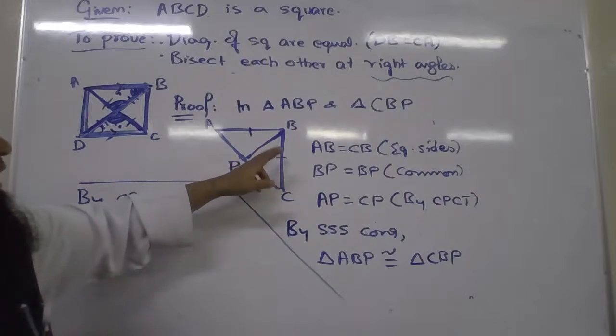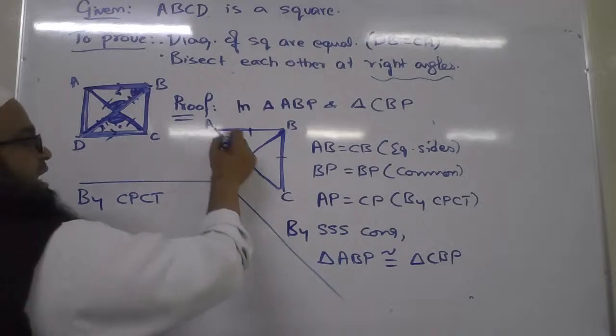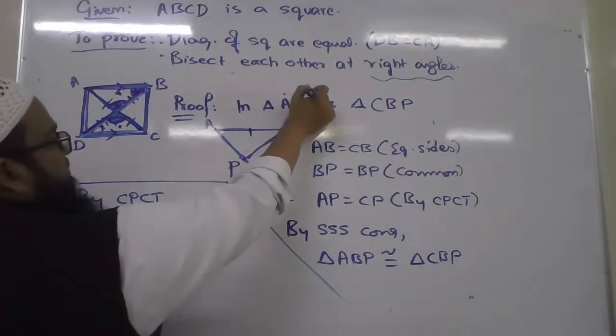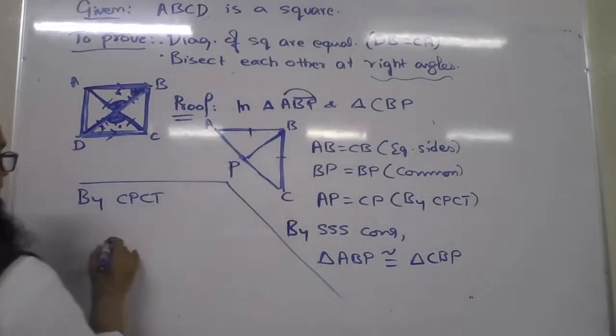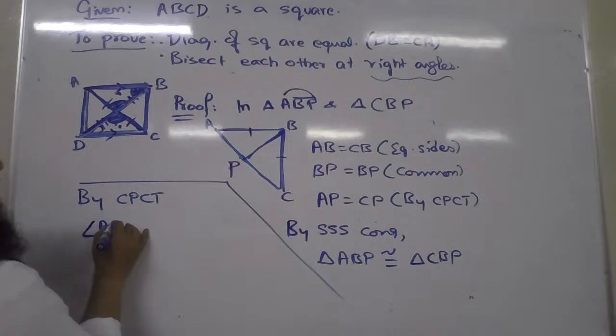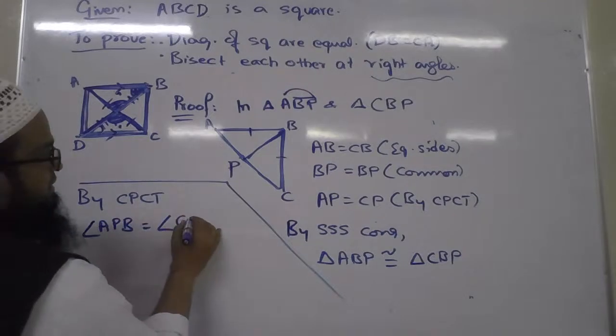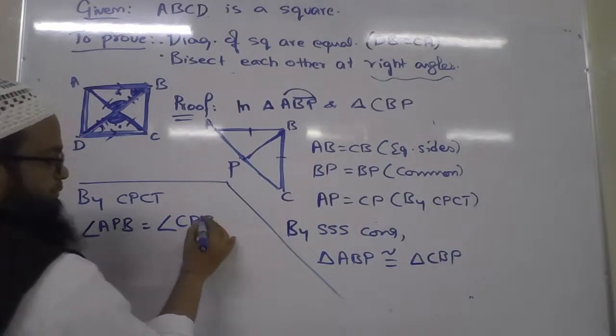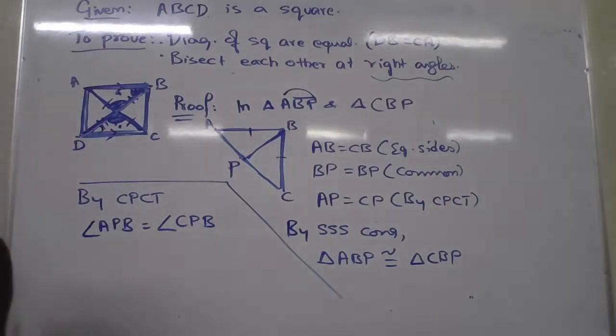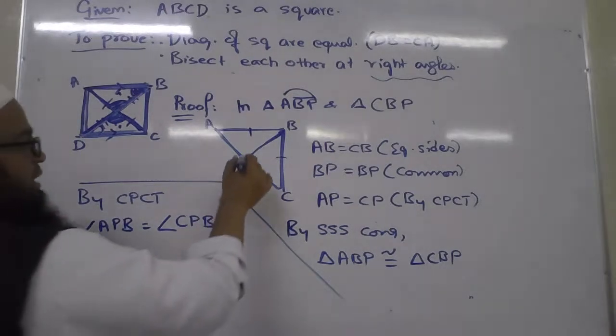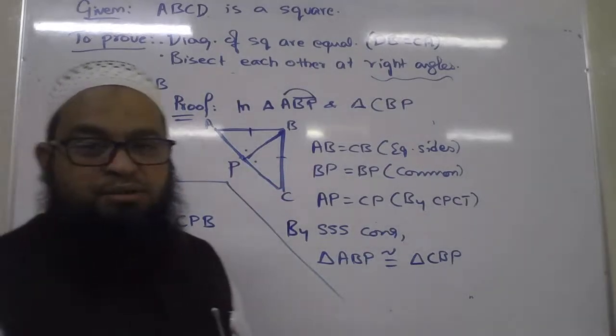Okay. And the next one, angle APB is equal to angle CPB. Understood?